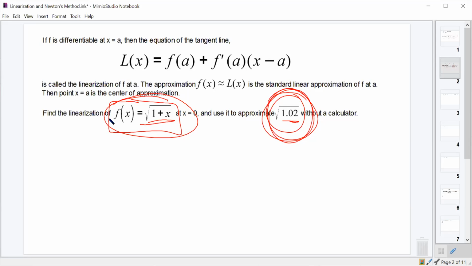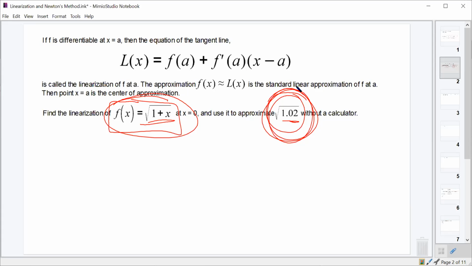And so there's a value for x that we could plug in so that we would know what this is very easily. What value could x be, so that we know the square root of 1 plus x very easily? Well, okay, so we want to find the square root of 1.02, but there's a value of x that makes the number inside of here very close to this, but that we can actually square root easily. 0.